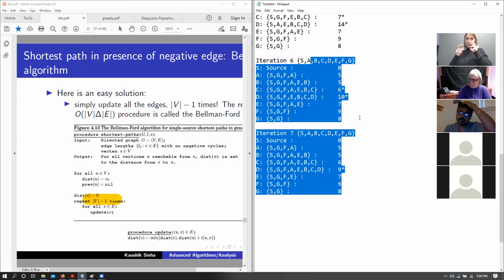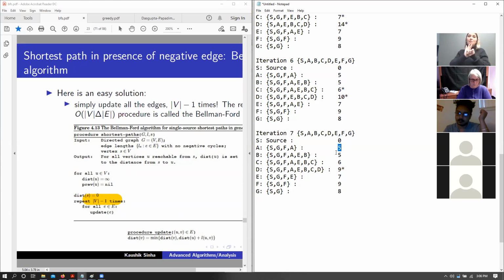But essentially, Bellman-Ford would update every one of these vertices and look for every one of these values and compare them. But we just looked at it like this, where we only update the vertices that we have looked at right now. The same complexity, this is just a bit more efficient way of doing it.